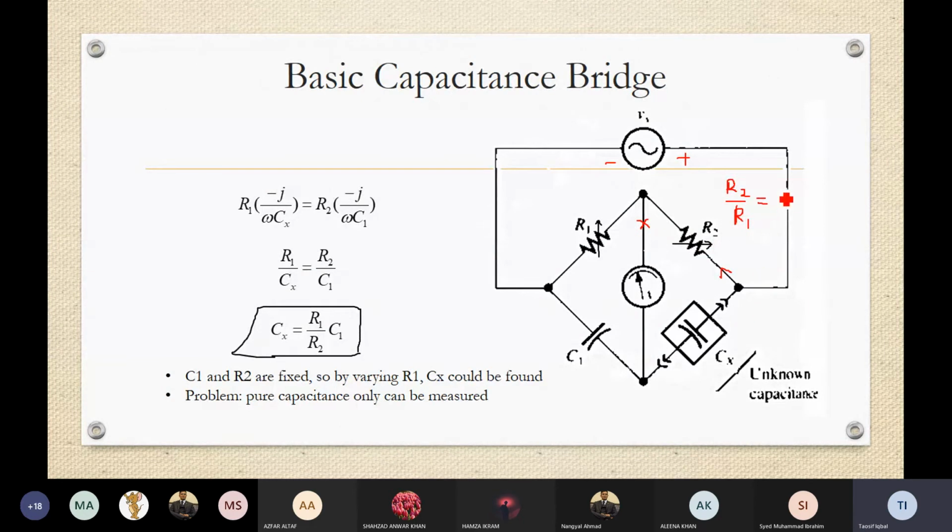And on the other side, we have a ratio of Cx over C1, and similarly, we can write it down in the same way.